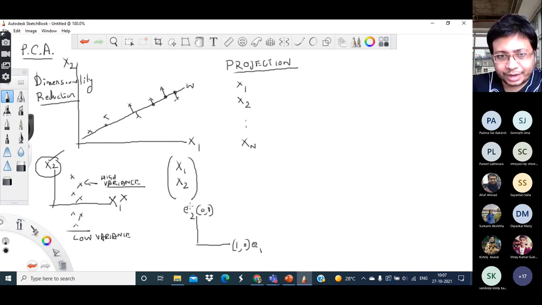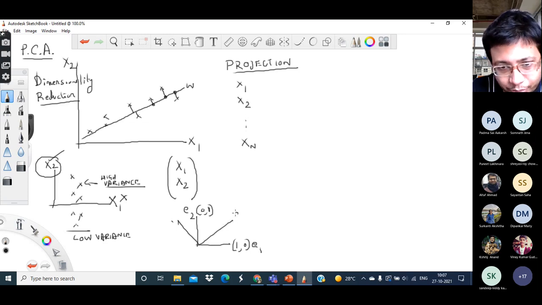However, we can always replace these unit vectors by other pairs of unit vectors, for example this and this. I may call this f1 and this f2. Similarly, other possibilities are also there, for example this one and this one. This I may call g1 and this g2.